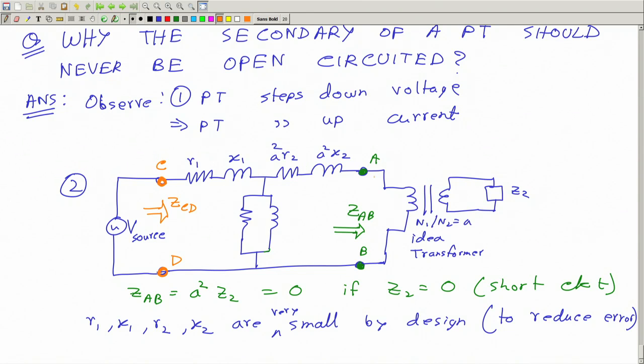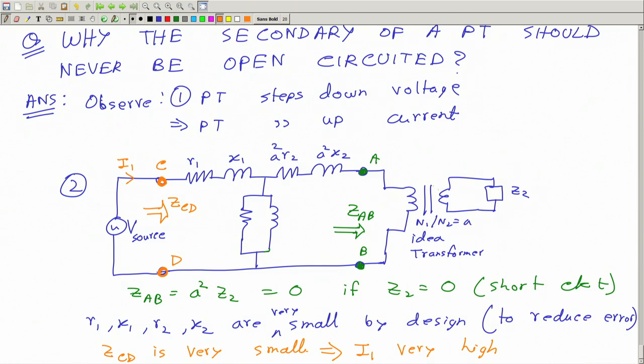So effectively there is a very small impedance path, so ZCD will be very small. So if ZCD is very small, then we are connecting a very small impedance across a high voltage source. Therefore the primary current I1 will be very high.